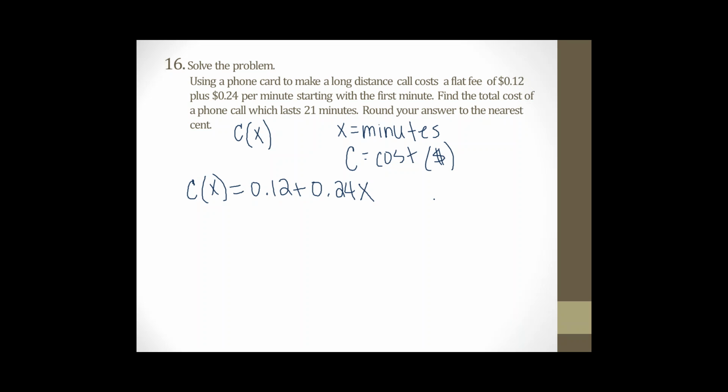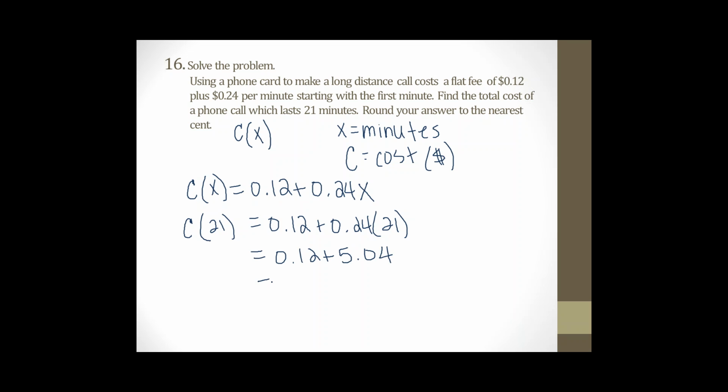It says to find the total cost of a phone call which lasts 21 minutes. So we want to find our cost when X is 21. So I'm going to plug in 21 for X. So 0.12 plus 0.24 times 21. And now we've got 0.12 plus 5.04.